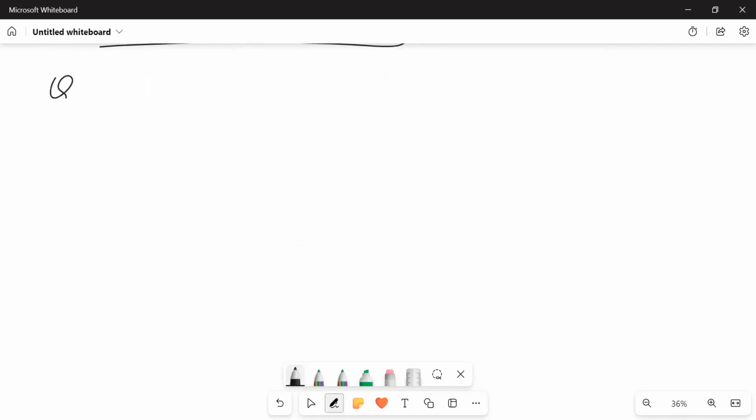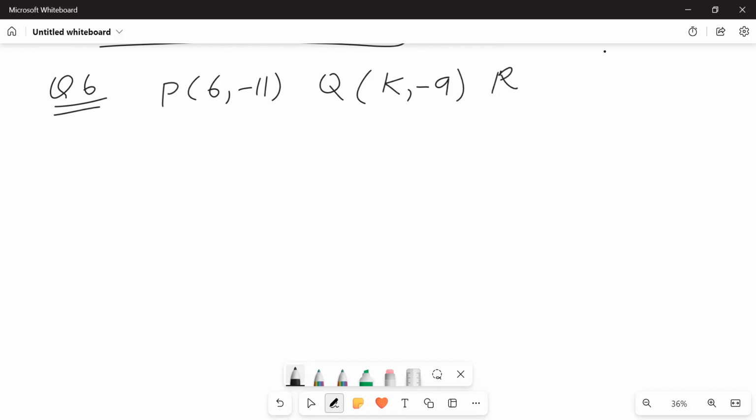Question number 6. The points P, Q, and R have coordinates: P point is (6, -11), Q point is (k, -8) and R point is (2k, -3) respectively.